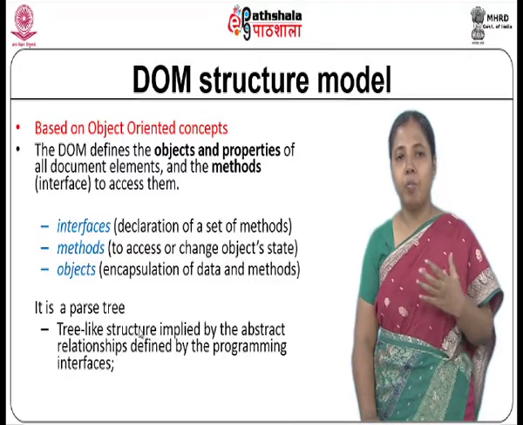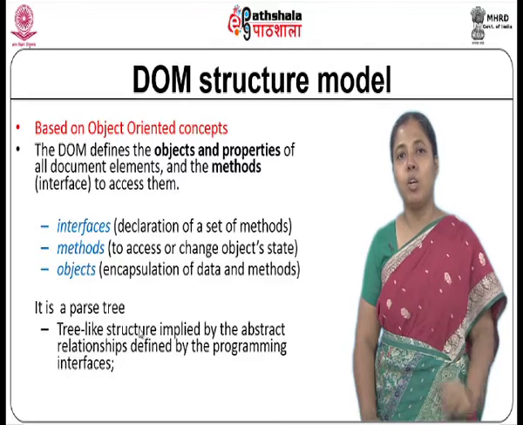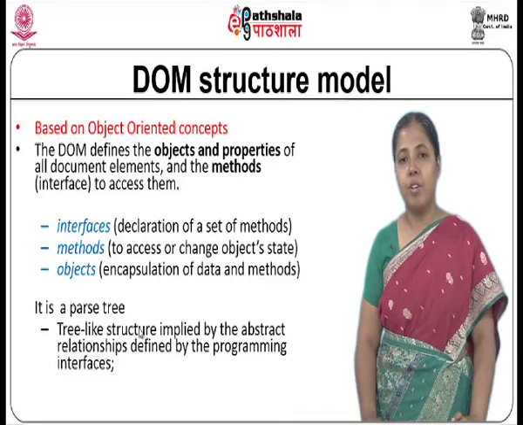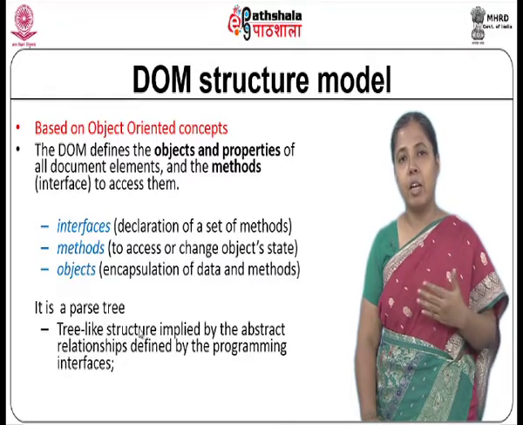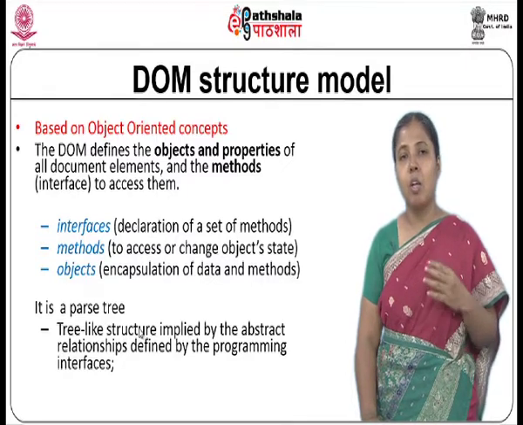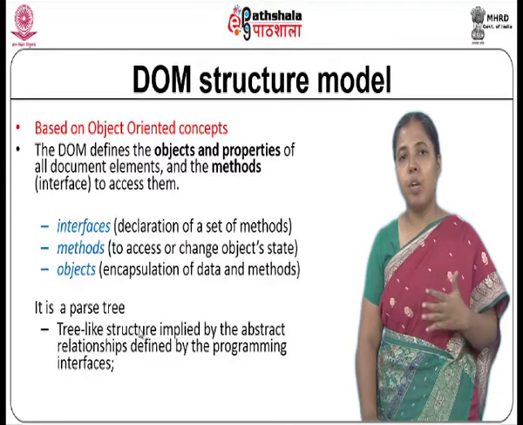If we come to see what is in the DOM, we have a lot of interfaces, and we know that an interface has the declaration of all the methods. So, the method declarations are available in the interfaces, but not the implementation.